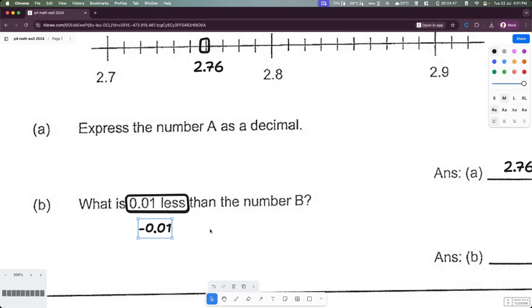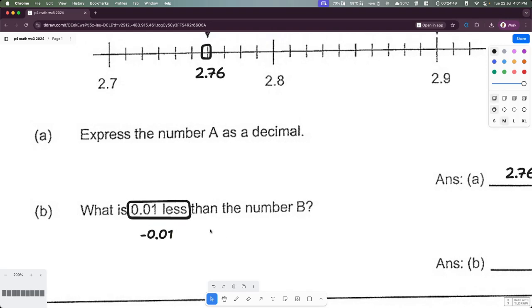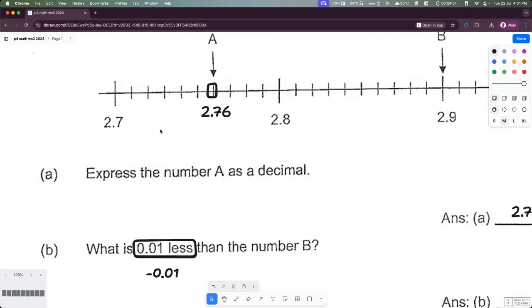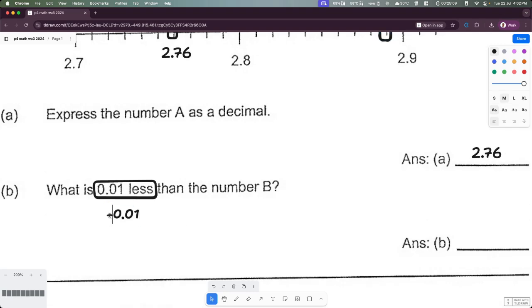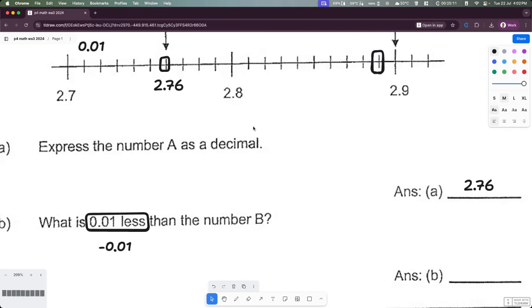Since we know that each individual point over here is 0.01, we can just have it go backwards like this. So for number B, 2.9, we just minus 1. That's it.